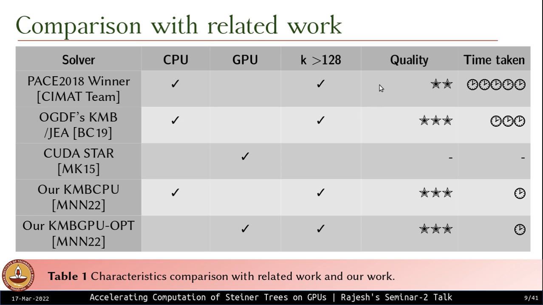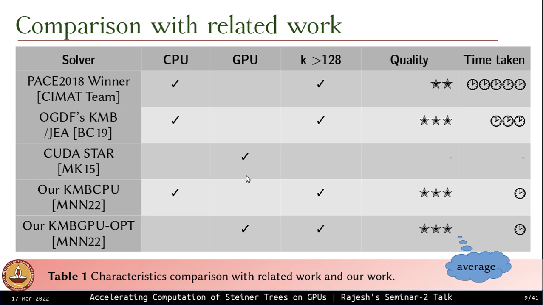So we were able to compare the average solution quality and the average time taken for these baselines with respect to our work. So what did we do? We built both a CPU implementation and a GPU implementation, which work well on larger terminal sets, which is the main motivation for us.